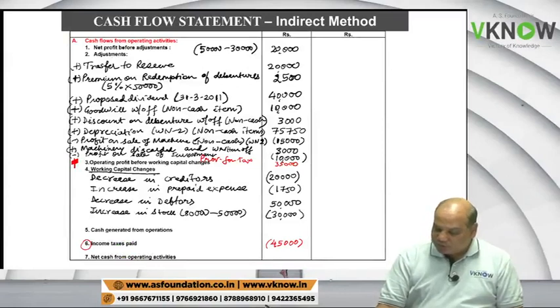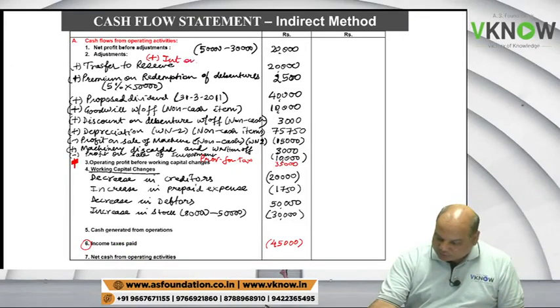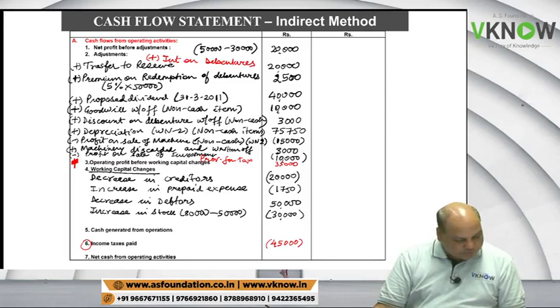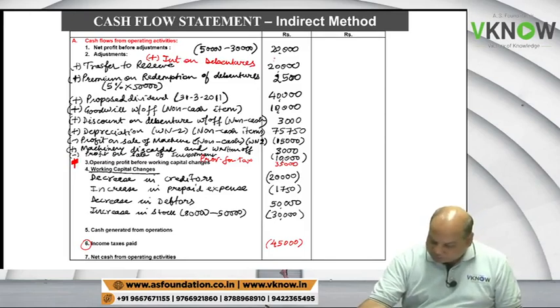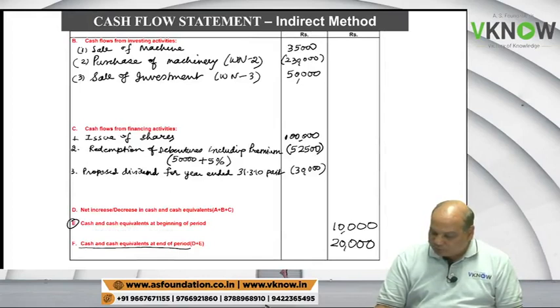So come to adjustment again. If you have space, write down below or you can write above, add interest on debentures. The amount is 15,000 in adjustment. Next time keep more space.